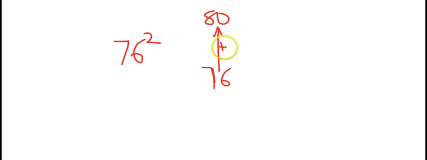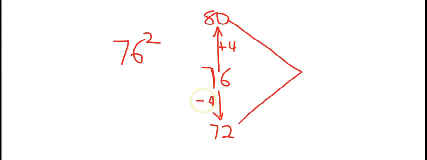It means I'll add 4 to that to get the 80. Quickly, I'll subtract 4 from the 76. That will give me 72. So I'm going to now do this multiplication: 80 times 72. And again, I will ignore my 0 and multiply 8 times 72.